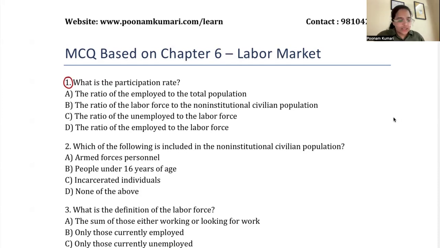So first tell me, option C, unemployed people to labor force, what is the term? Unemployment rate. This is unemployment rate.